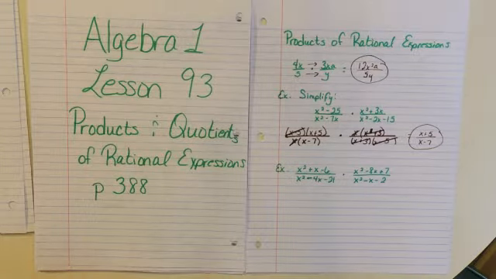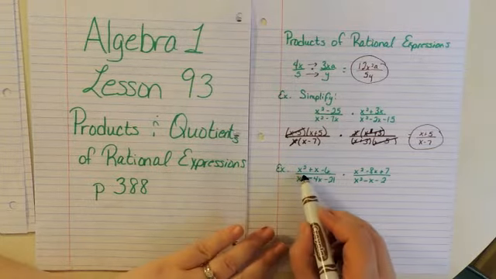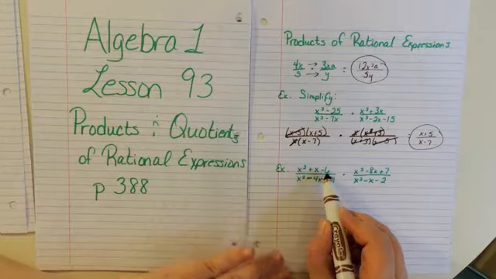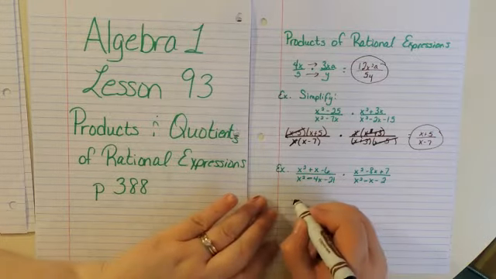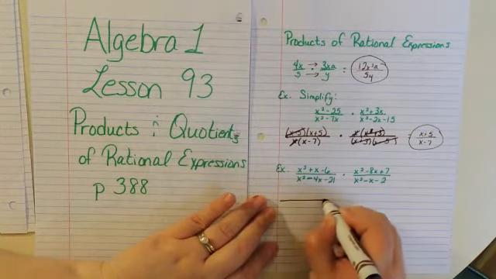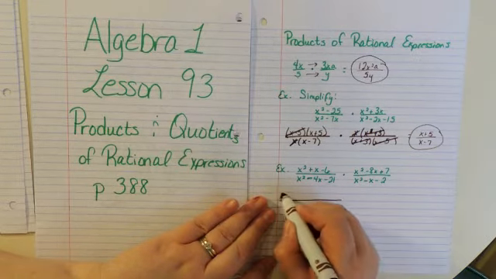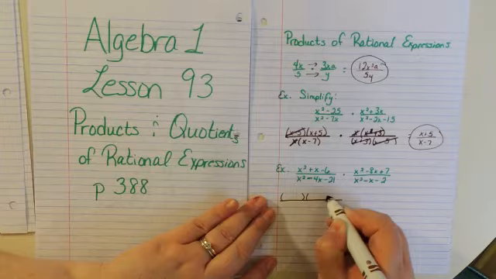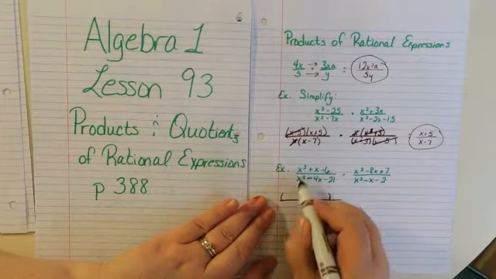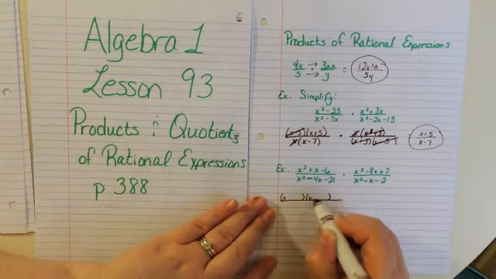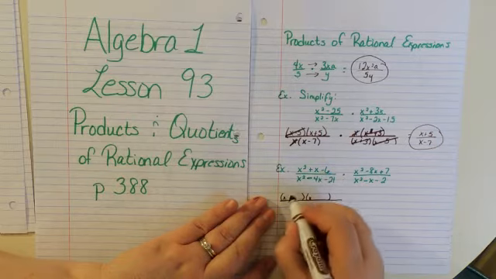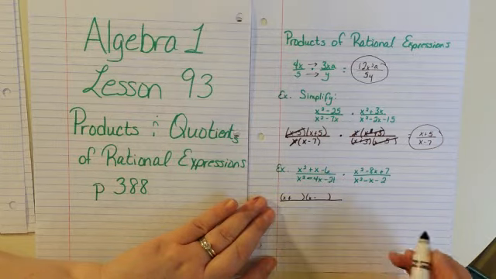Let's try another one. We have x squared plus x minus 6. So let's see if we can factor those into two binomials. This is an x squared, so these will both be x's. This is a negative, so we're going to have one positive and one negative.